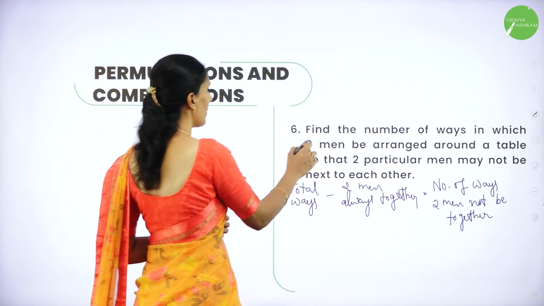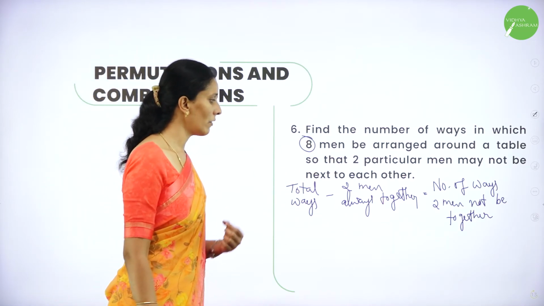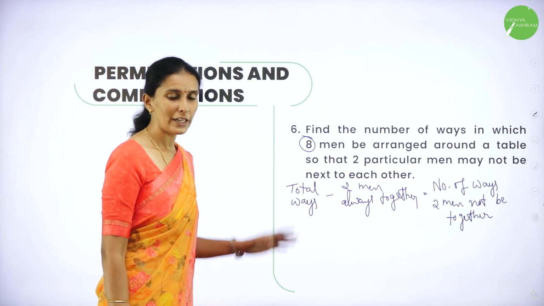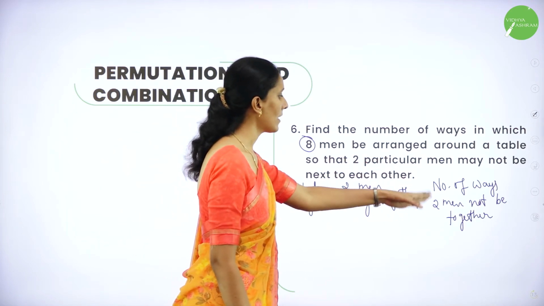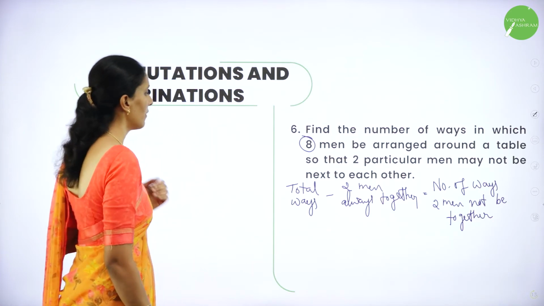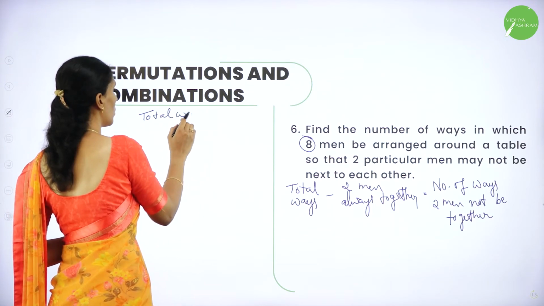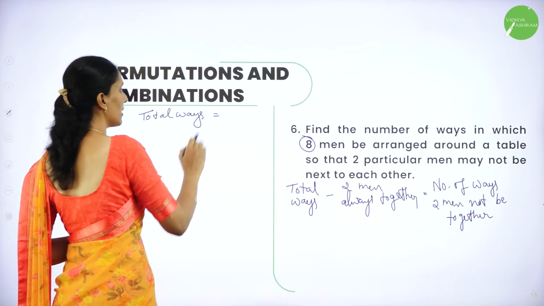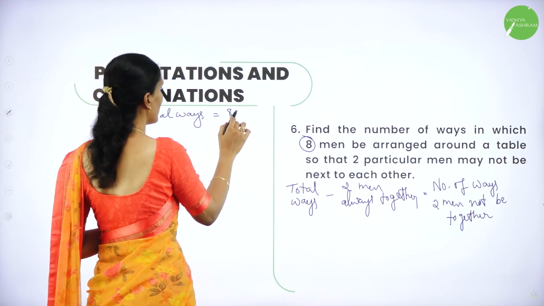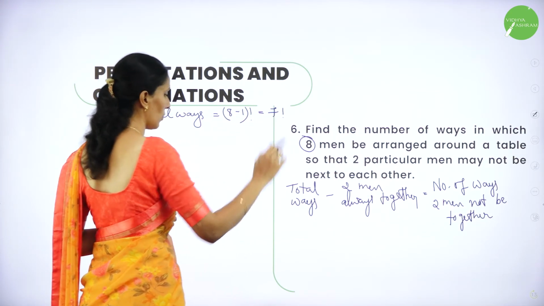How many men do we have? 8 men. So let me consider the total ways, then 2 men always together. When I subtract it, I'll get the answer for 2 men not being together. First, the total ways of arranging 8 men is 8 minus 1 factorial, that is 7 factorial.